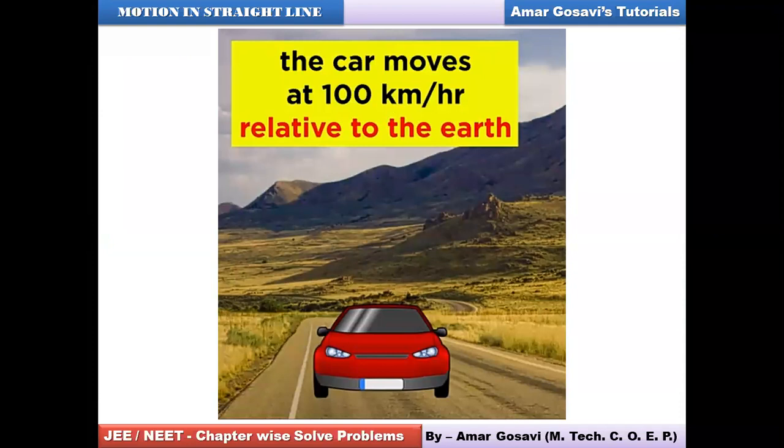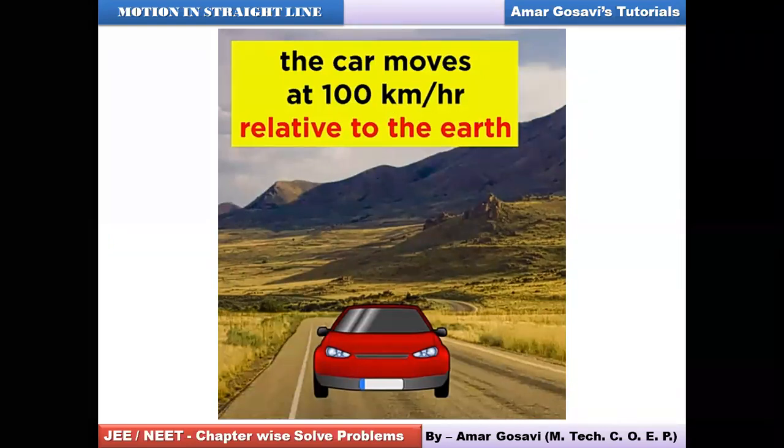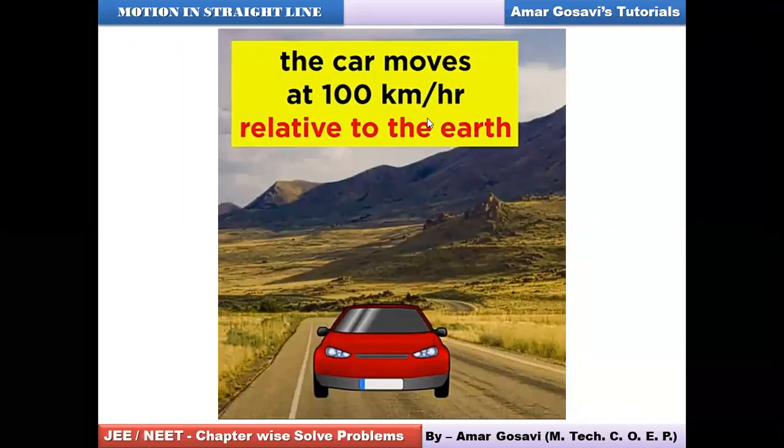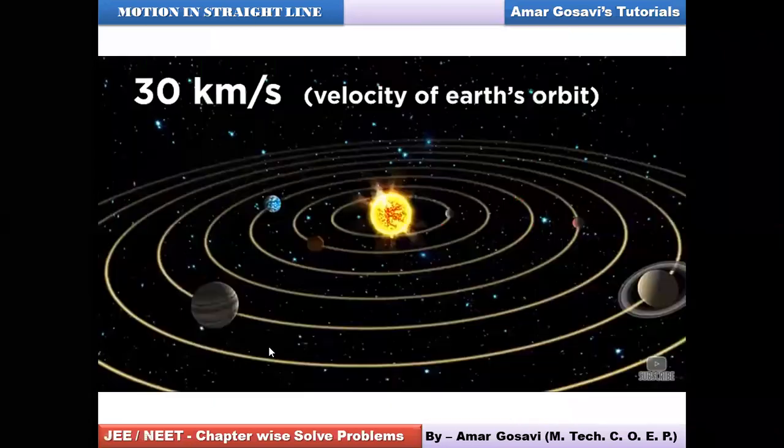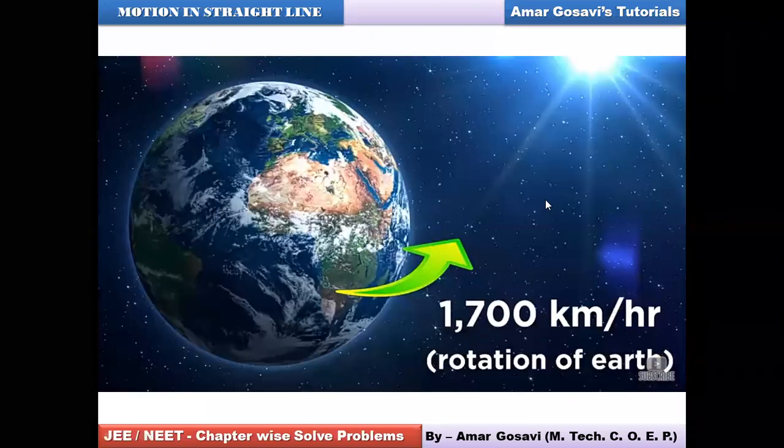Yeah. So when I say the car is moving at 100 kilometer per hour, the car is moving at 100 kilometer per hour with respect to Earth. But if the observer was not on the Earth and had been on the moon, then the same car would move with a speed of 1700 kilometer per hour.